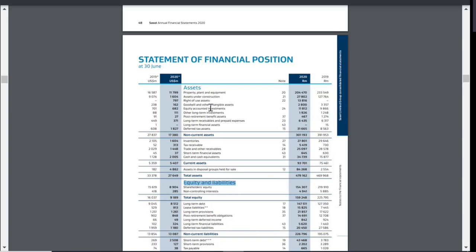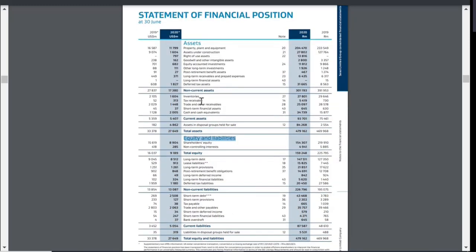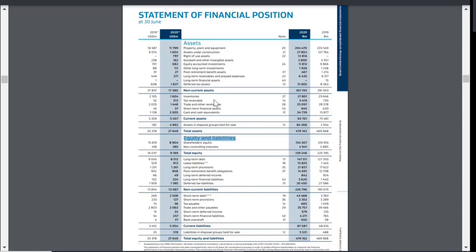So for example, if you want to know what was the bank balance of Sasol as at the 30th of June, you can look at the statement of financial position. Let's just look at the bank account on this. The bank account is normally a current asset.